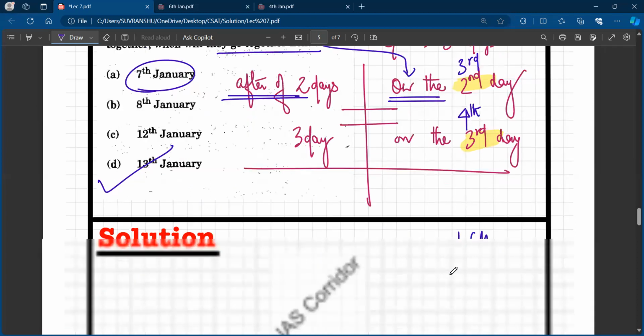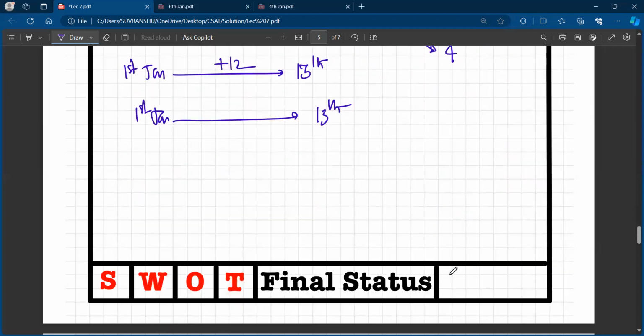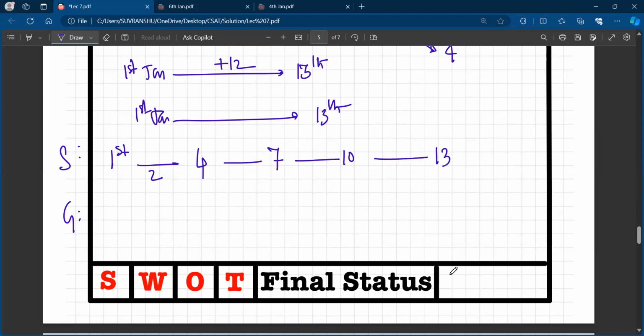How? Let's see. 1st Jan, gap of 2 days. That means next will go on who? Sita, and this is Geeta. Sita will go when? 1st Jan, gap of 2 days, 2 and 3 gone, will be 4th. 5, 6 gone, 7th. 8, 9th gone, 10th. 11, 12th gone, 13th. Right? Geeta will go again.